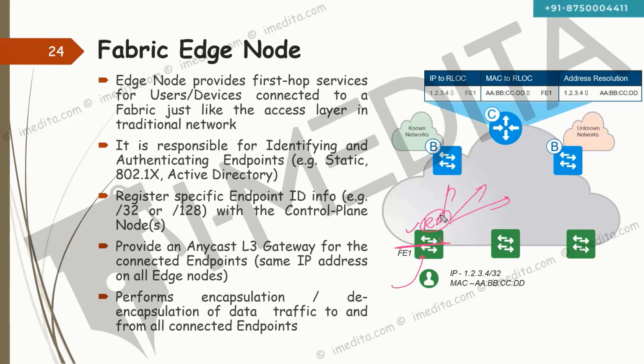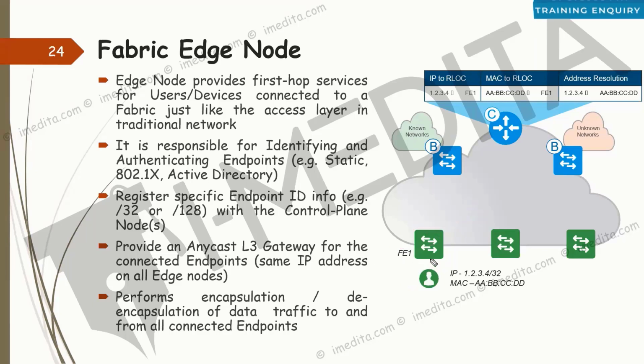So they use this concept of anycast gateway, which says that the default gateway IP for a particular VRF, for a particular VN, will remain the same across the entire SDA fabric. So if the default gateway is the same, the computers can also be the same at both locations, right? For example, 1.2.3.4, they can use at both locations.